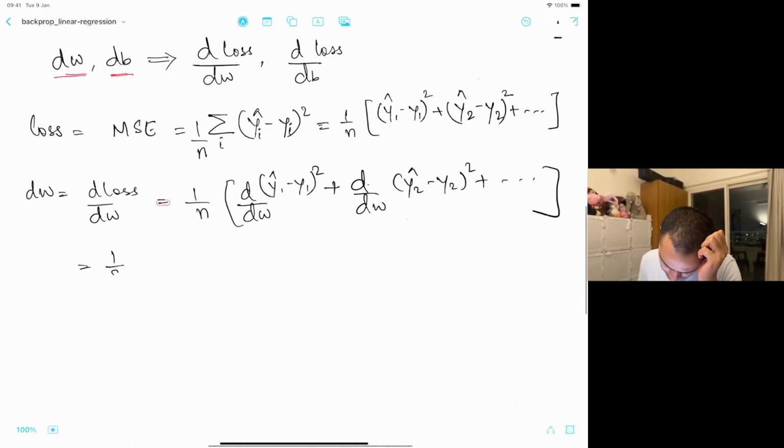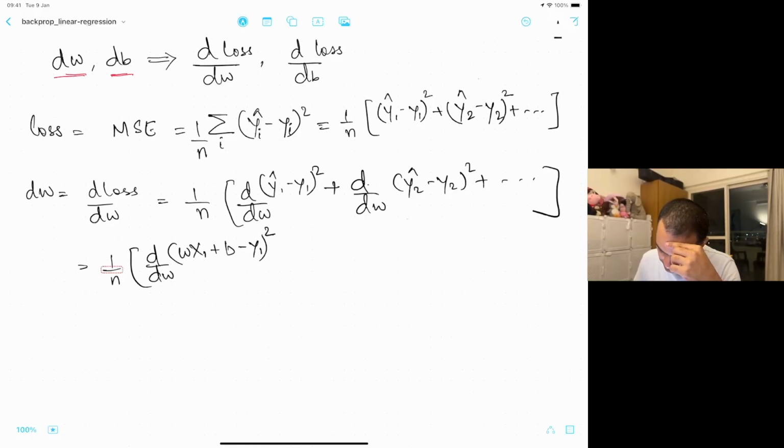Simplify this expression: d over dw of wx1 plus b minus y1 squared plus d over dw of wx2 plus b minus y2 squared, and so on.